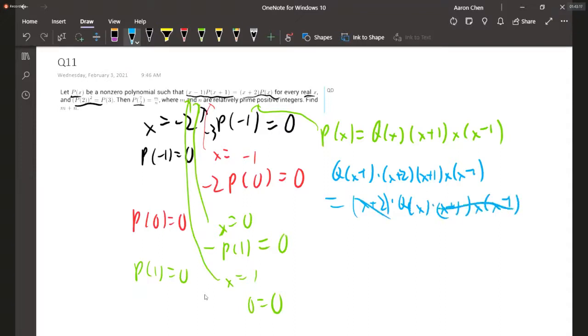And all of these terms cancel out, and you're just left with q of (x plus 1) equals q of x. And so that tells you that q of x is a constant polynomial, so it equals a for some real a.